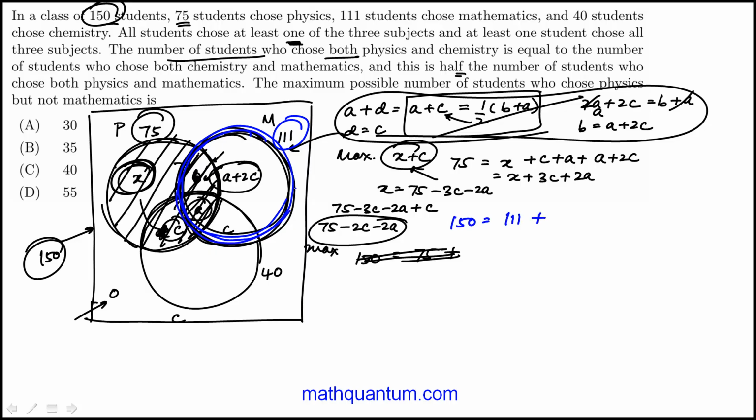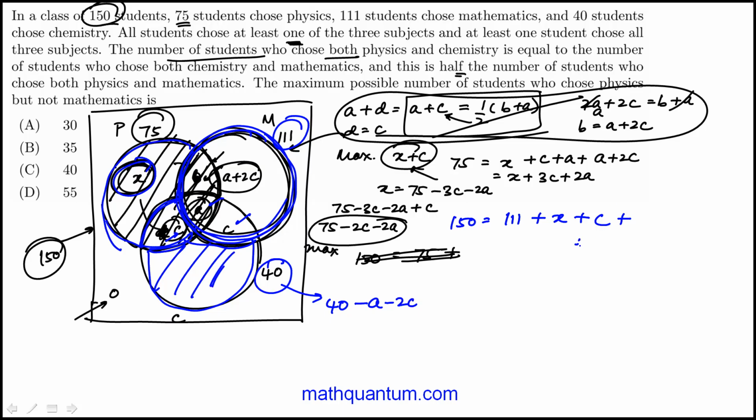And then it would be 111 plus that region, which is X, because I already have X explicitly, plus C, and then plus what's remaining here, which to get to that, I have to subtract C and A. So 40 minus A minus 2C, which is this region here. So then I plug in.